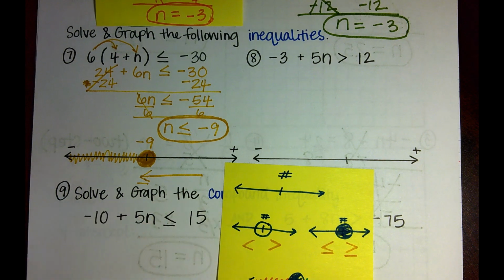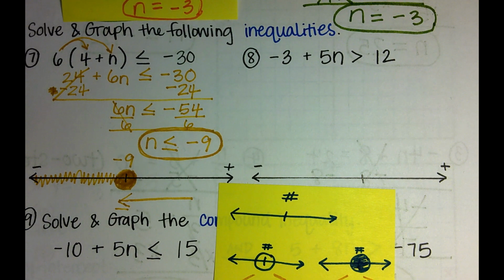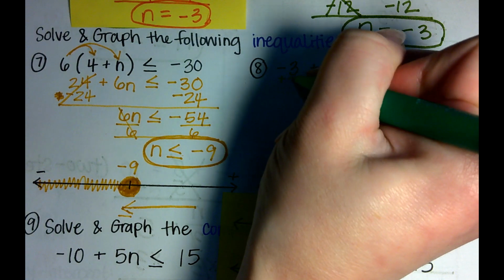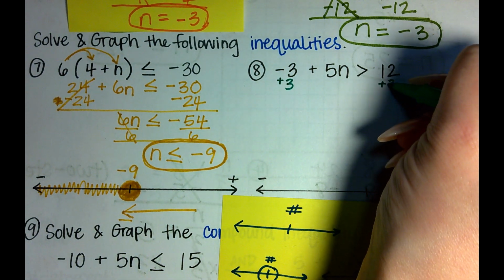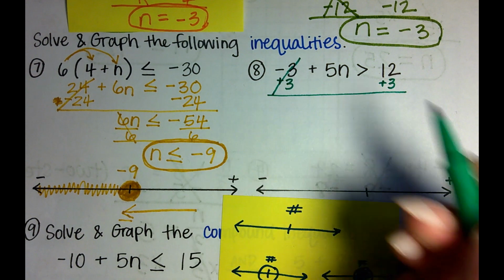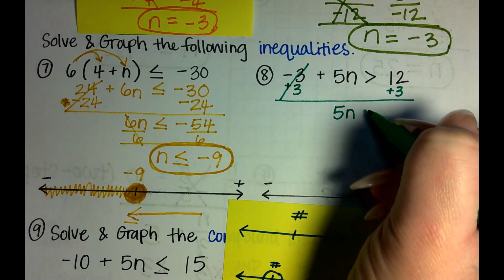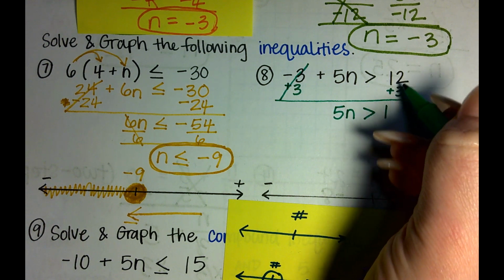Okay, we're going to go ahead and look at number 8 then. I have -3 plus 5n is greater than 12. How should I solve this one? Good. We'll start with +3 on both sides. The 3s cancel. Bring down your 5n. And the greater than sign is 15.